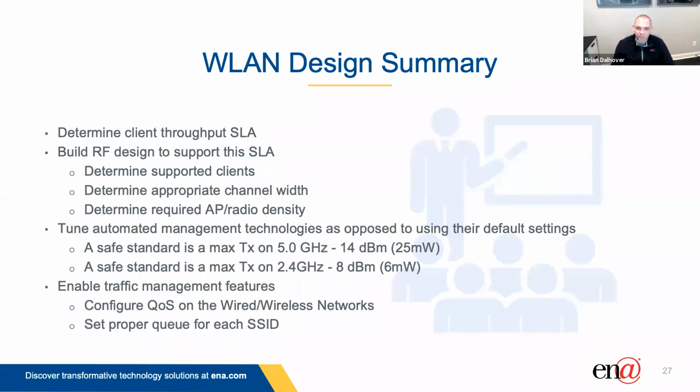And so what these two bullets are saying is, I want those two frequencies to actually cover roughly the same size cell. You can see the 14 decibels and 8 decibels, and I also wrote it down in milliwatts. Essentially, if you set the automated technology to use those power levels first, it keeps your cell size the same regardless of which channel space you're using. And that allows the automated technology to run a lot smoother.